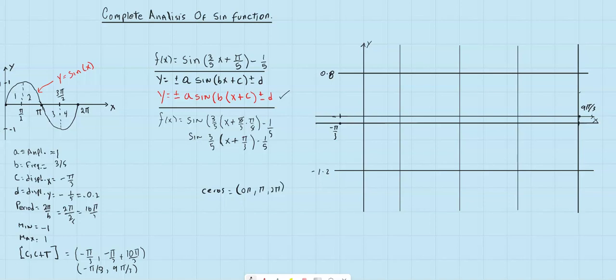So what I'm going to do is just get my B, my C, and my D and set it equal to any of these 3 values, which is going to be 3/5 x plus 5 over 5 minus 1/5 equal to 0 pi.